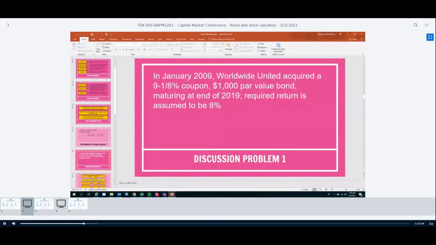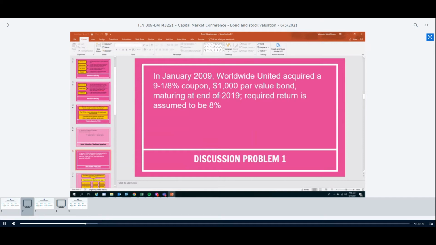That's the coupon rate. Again, this is your nominal rate. No? And then the 1,000, of course, that's the par value or the face value of our bond. And then it will mature by the end of 2019. So the issuance date is January 2009.